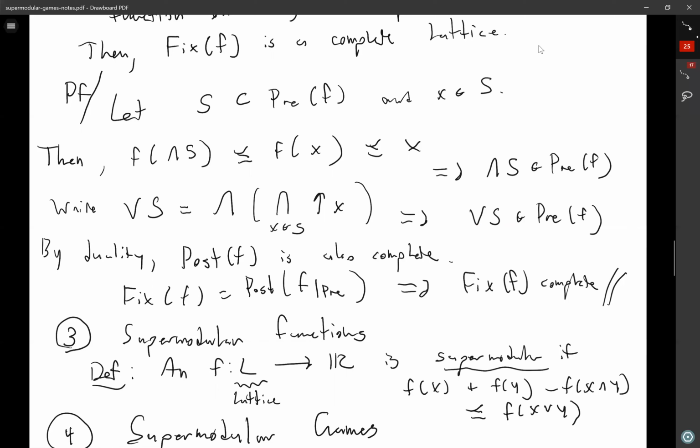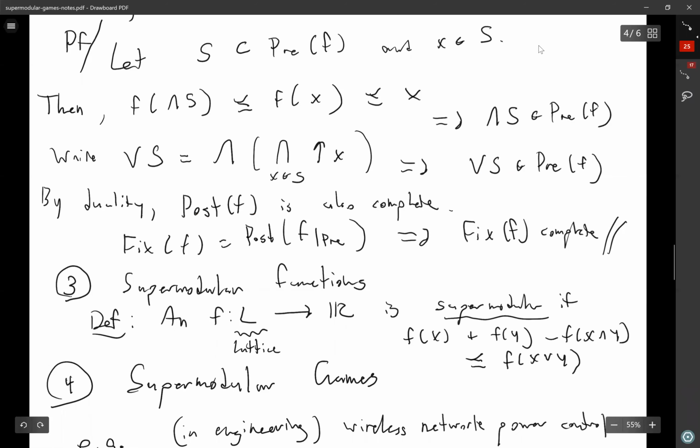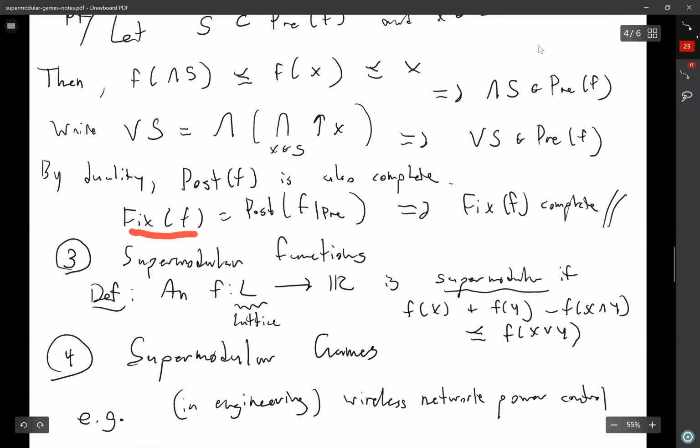We're trying to show that the meets and joins of subsets in the fixed points of f are also in the fixed points of f. But this isn't much of a difficulty, because a similar argument will show that the suffix points of f is also a complete lattice. Then we can write the fixed points of f as the suffix points of f restricted to the prefix points of f. This is just a trick, essentially. And then you get that the fixed point set is complete. So that's what we wanted.